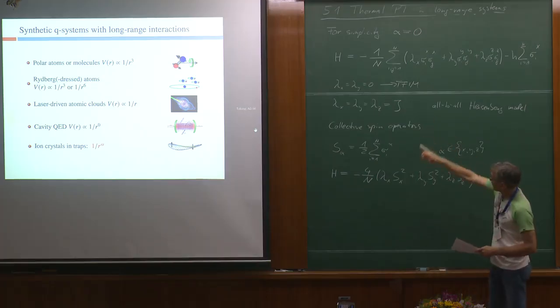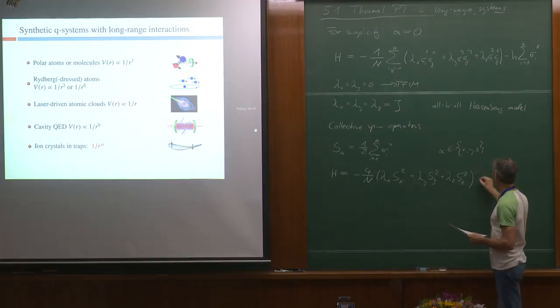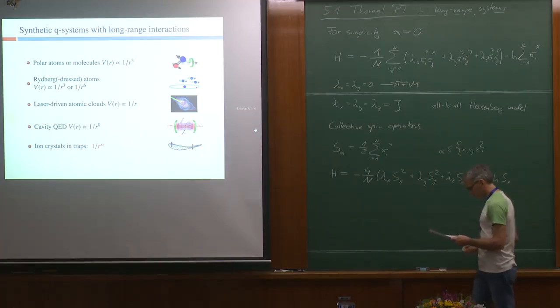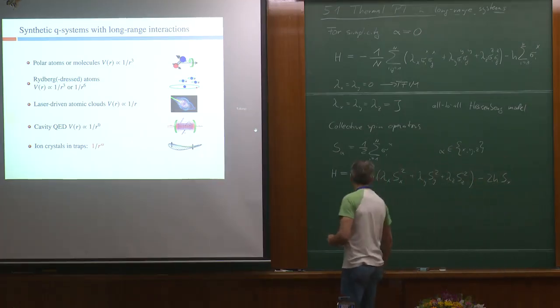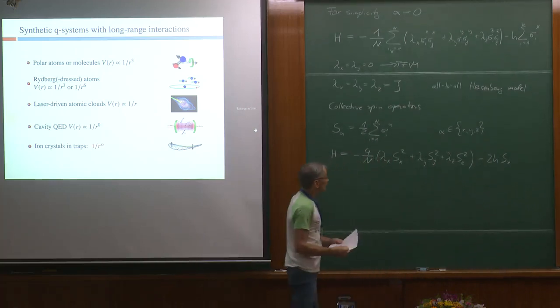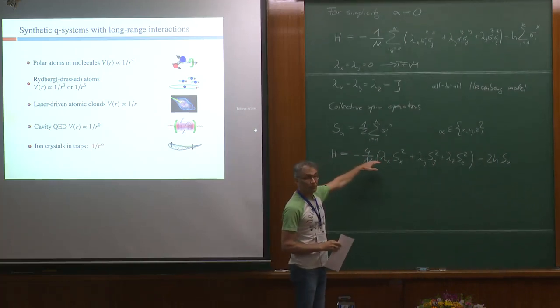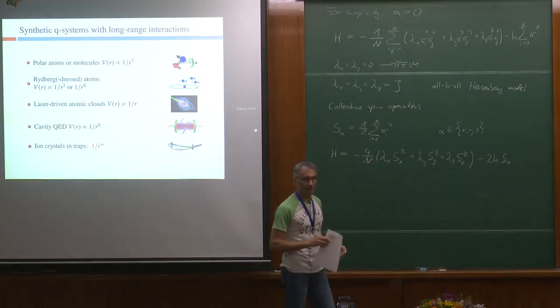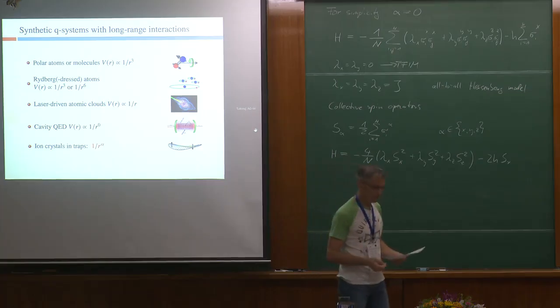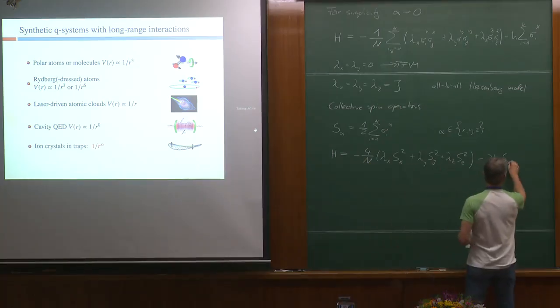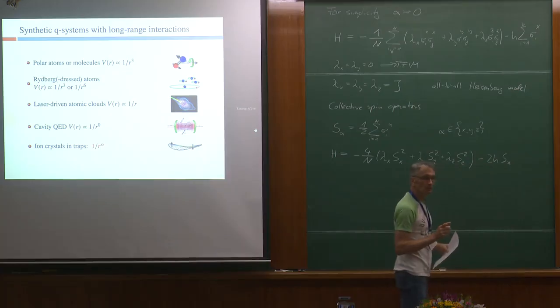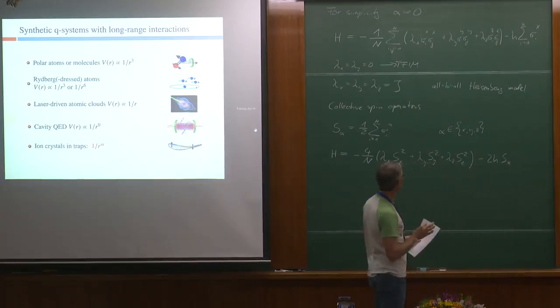So these double sums turn into squares in the collective spin operators, minus 2h S_x. And the fact that one can write this in this form is of course specific to all-to-all interactions, and it would not work in the same way for other values.